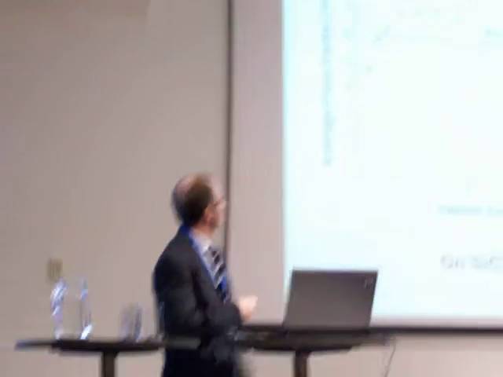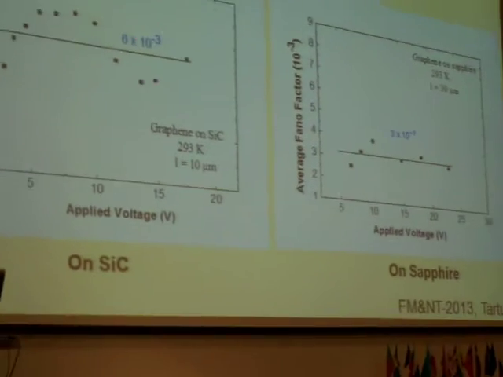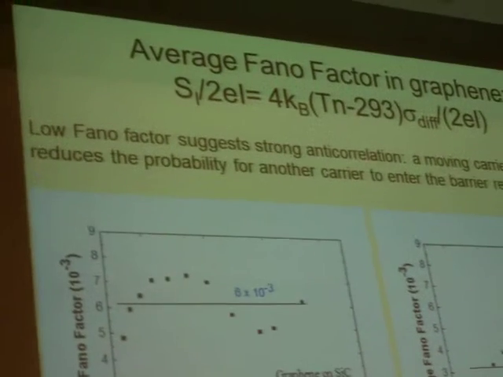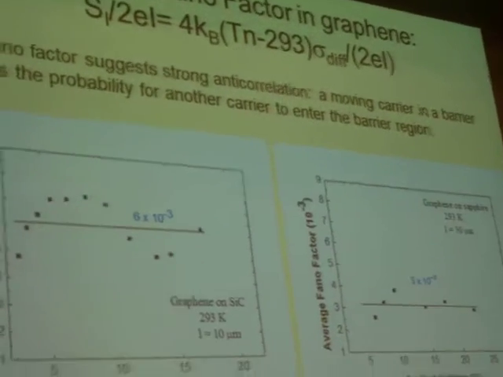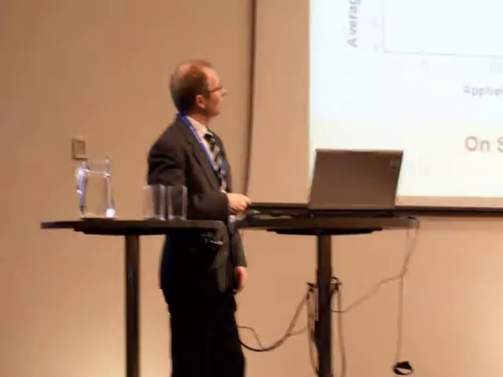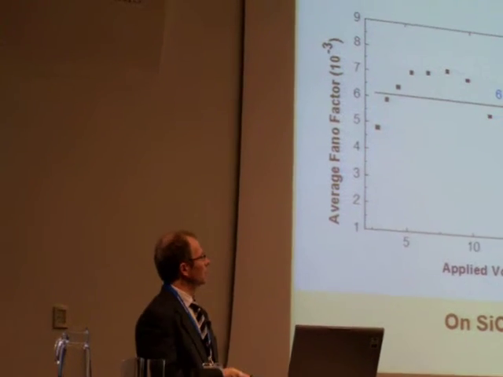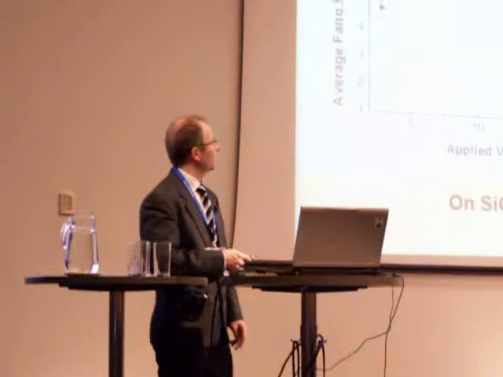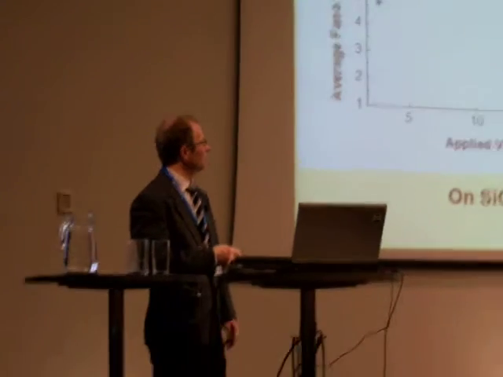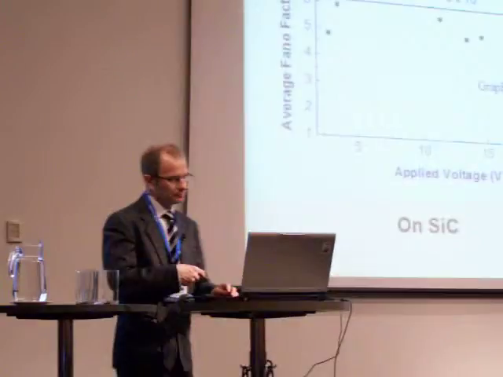The correlation is often estimated by the Fano factor, which is estimated to be 10 to minus 3 in graphene on silicon carbide, but a twice lower value was obtained for graphene on sapphire. This suggests a strong anti-correlation. A moving carrier in a barrier reduces the probability for another carrier to enter the barrier region.